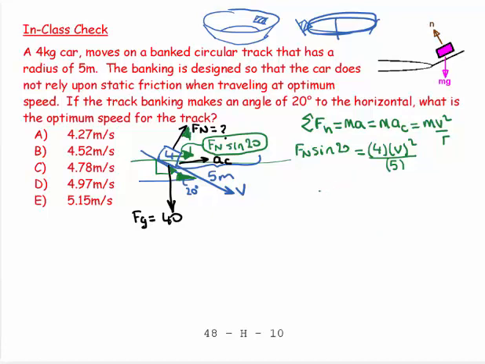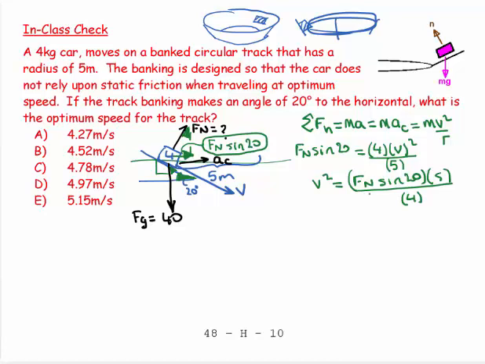Let's rearrange. So we can say v squared is equal to Fn sine 20 times 5 over 4. Okay. Sine 20 is just a fractional number between 0 and 1.